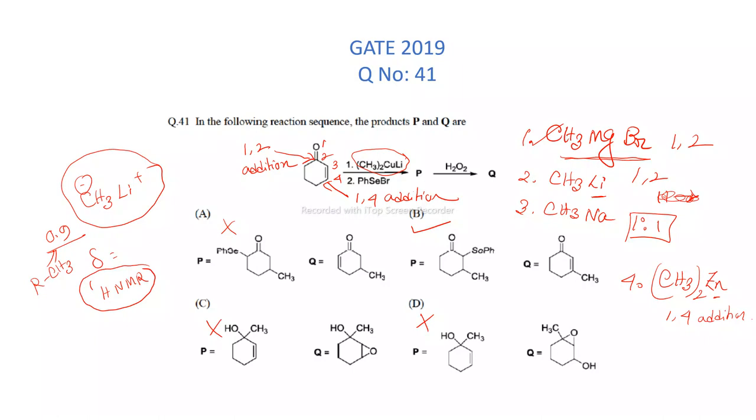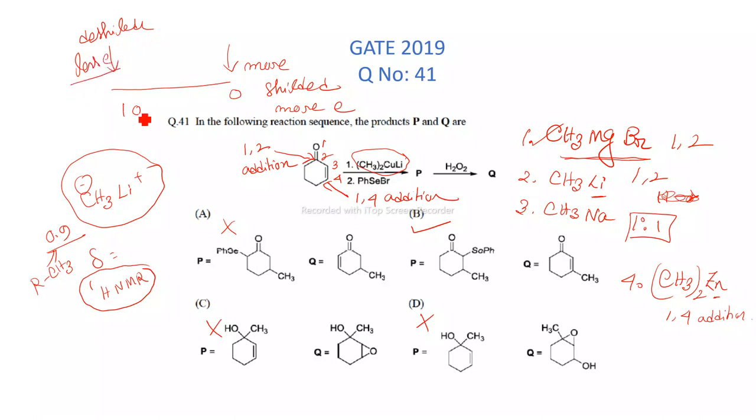Greater than 0.9. Why are you thinking it is greater? Excess of electrons, maybe shielding effect. So shielding means the value will be less. In the NMR scale, in the 0 to 10, this side is more shielded, meaning more electron, and this side is deshielded, meaning less electron.